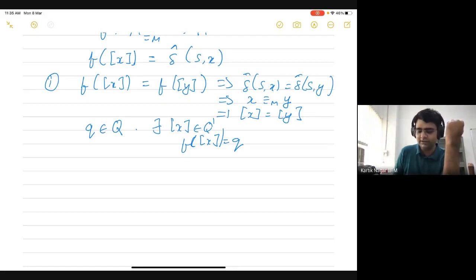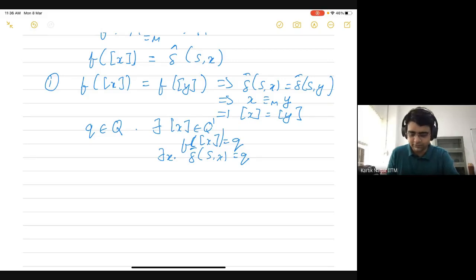In fact, that's the assumption that we are making: every state in the original DFA is accessible, which means that there exists a string, so there exists an X such that delta hat of S comma X is equal to Q. And that's why this particular relation also holds. So f of the equivalence class of this string X will actually be equal to Q, and that's why this function is onto, because for every state q, there exists a string which takes you to that state from the start state.